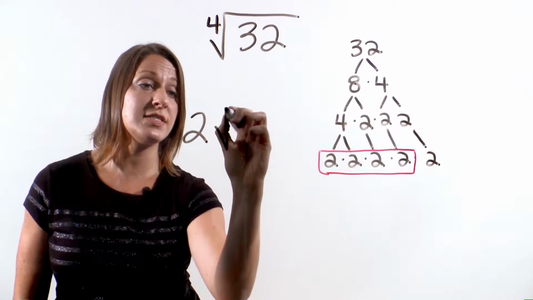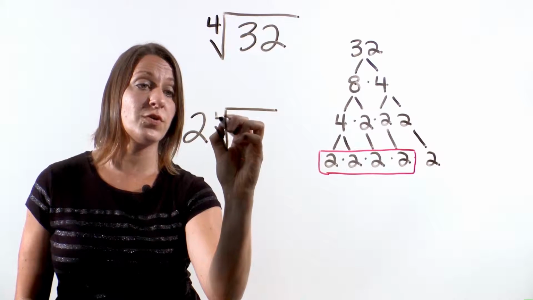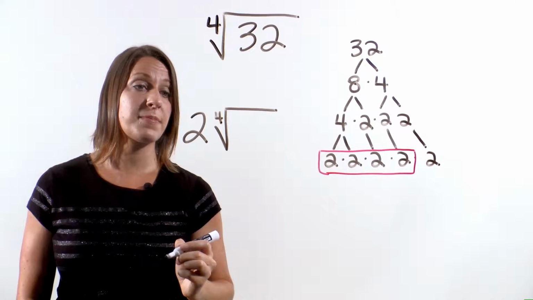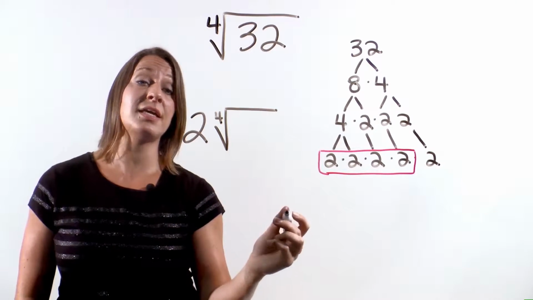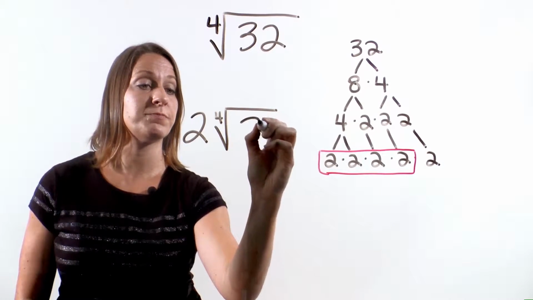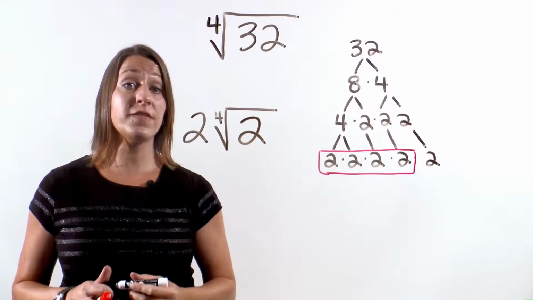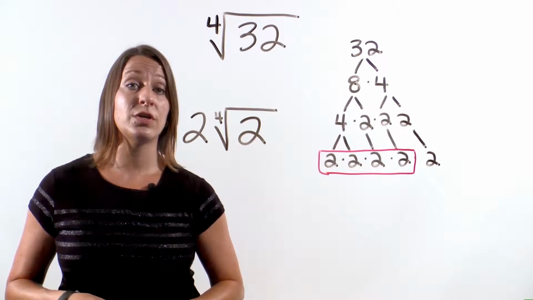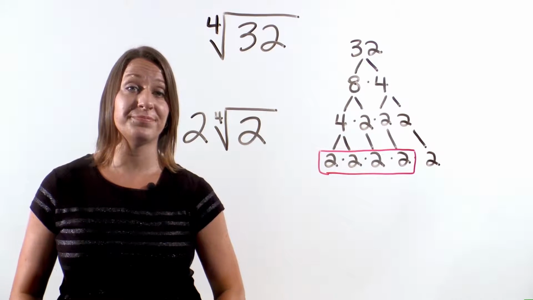Next, we'll draw our radical symbol. We'll put our 4th root in, and any number that did not make it into a group of 4 stays on the inside, which is this 2. So our final answer is 2 4th roots of 2.